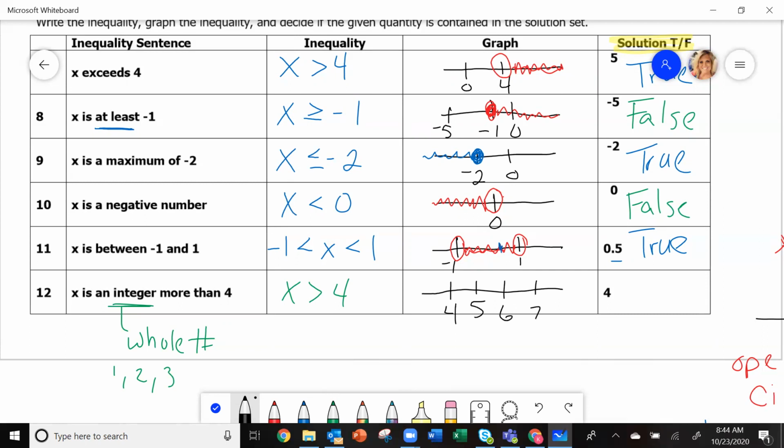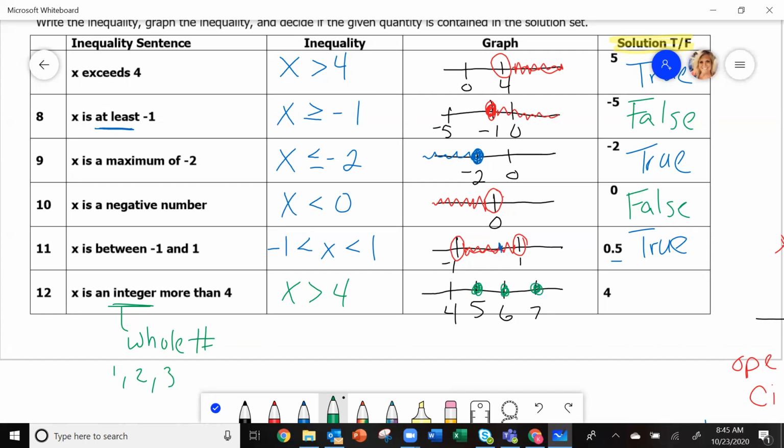When you are shading, you are making it be every number, every decimal, every fraction in between those two numbers, or bigger or smaller than that number. This is saying integer. It can only be whole numbers. Well, wait a minute. Does it say it's equal to 4? No. What's the next whole number bigger than 4? The next whole number bigger than 4 is 5, then 6, and 7.